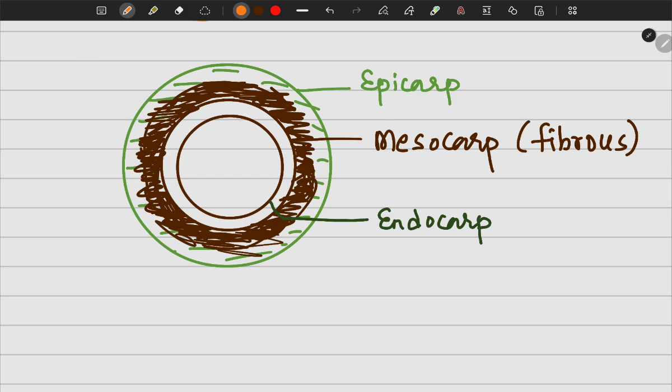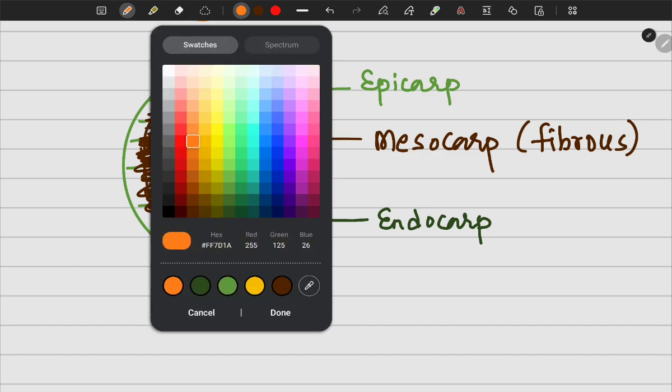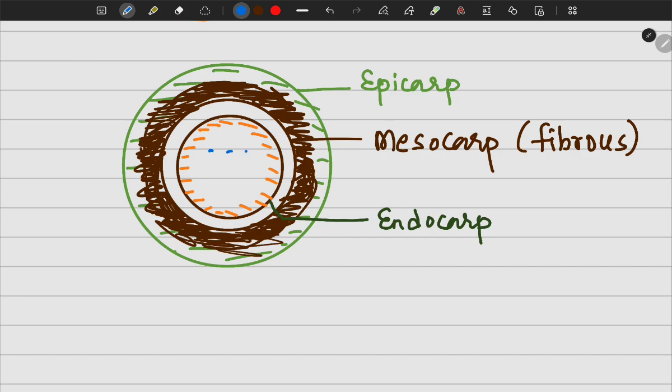So we do not eat the seed of the coconut, we eat the endosperm. There are two types of endosperm in a coconut: cellular endosperm and liquid endosperm, which is the free nuclear endosperm, the liquid part usually drunk by people.